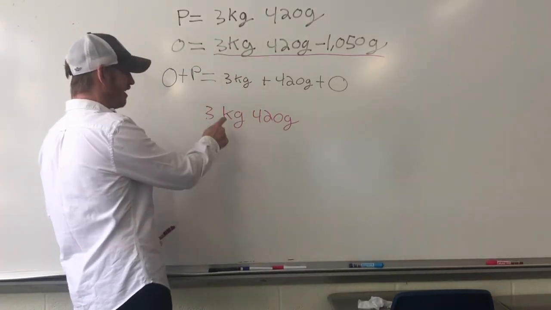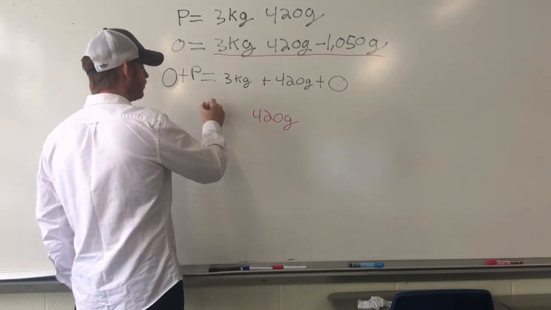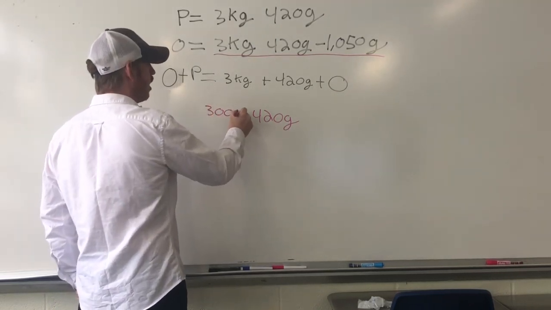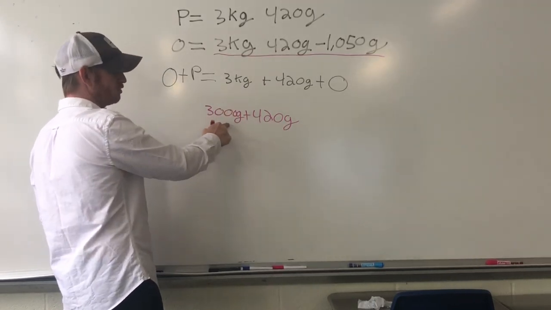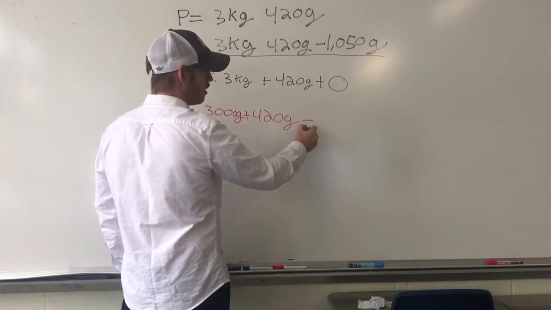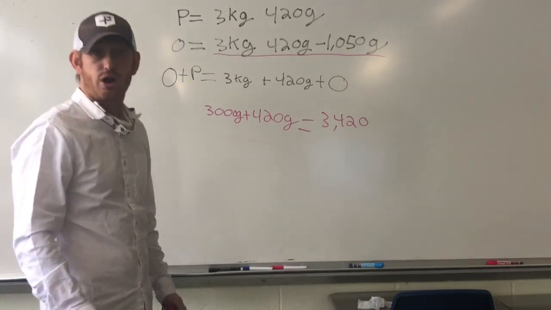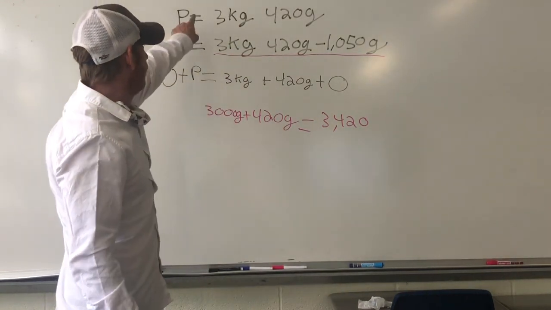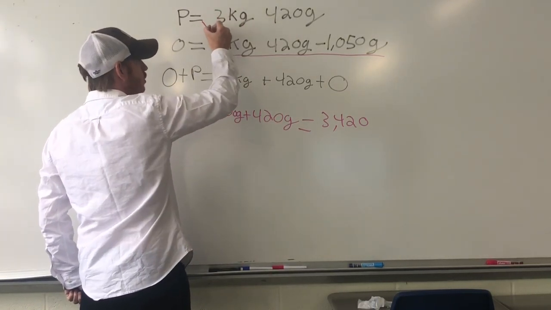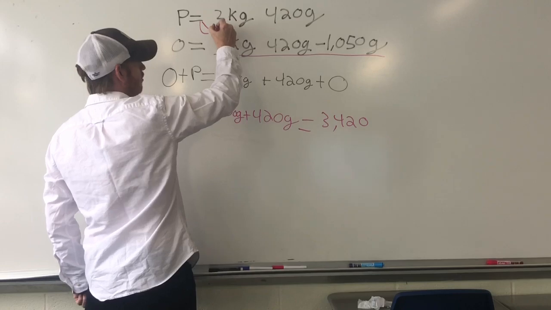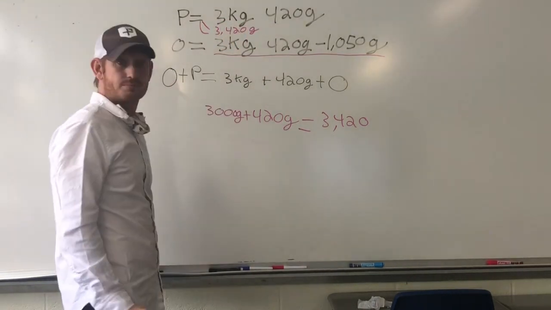So I know that 3 kilograms is equal to 3,000 grams. So now I have 3,000 grams plus 420 grams, 3,420 grams. So our potatoes are equal to this, but they're also equal to 3,420 grams.